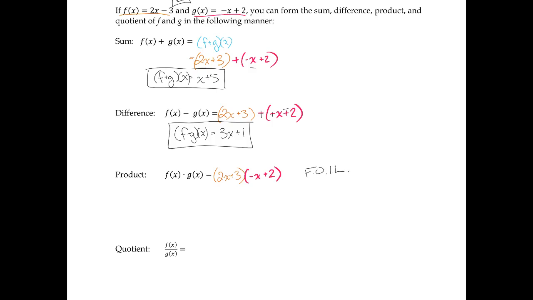So if you've forgotten that from like grade 10, it's firsts, outsides, insides, lasts. So that gives me negative 2x squared plus 4x minus 3x plus 6. These middle terms both are single x's, so I can combine them further.